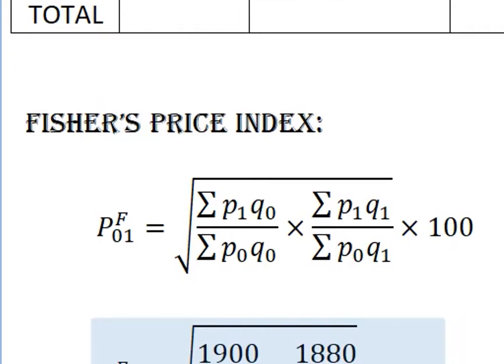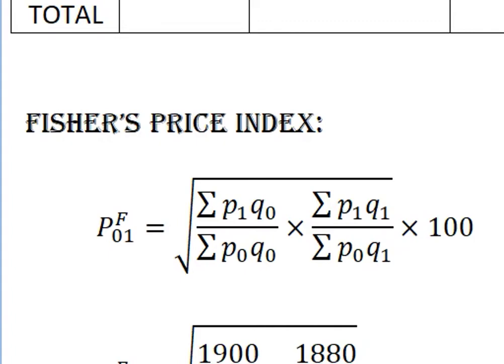That is 1900 divided by 1360. It is 1.3971, into how much? 1880 divided by 1344, which is 1.3988, into 100.